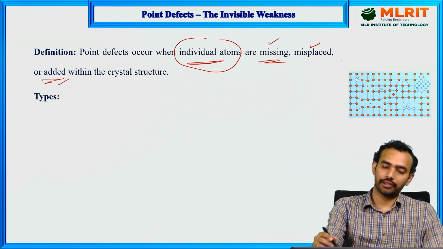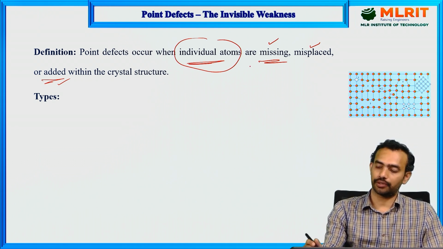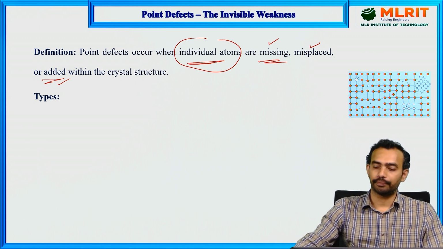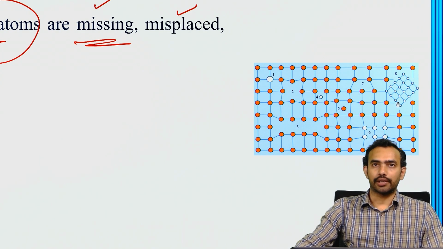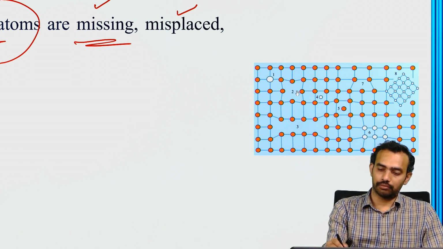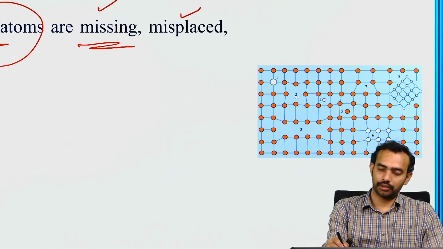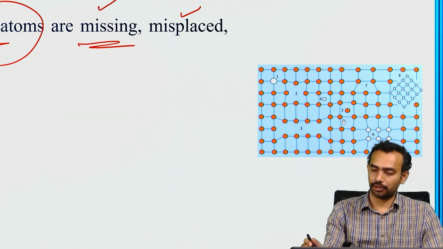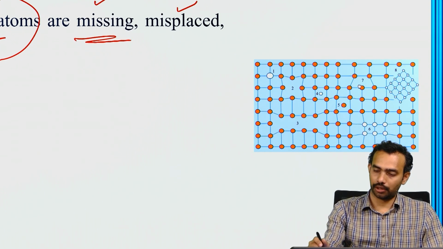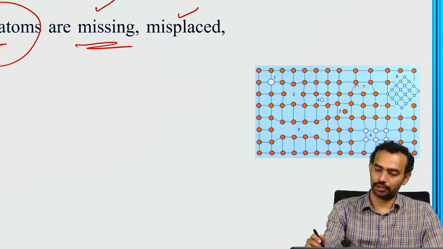As you can see in the picture, there is a missing atom in this particular region, and the misplacement of atoms can also be observed over this region.